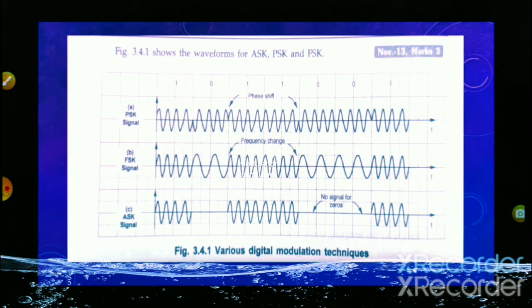Then in FSK, variation in the frequency will be shown. In ASK, the amplitude variation will be shown in the waveforms. ASK signal, then no signal for zeros, it will be shown. These are the various digital modulation techniques.